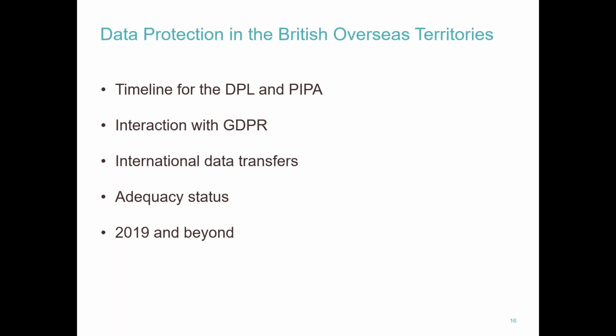Both laws also restrict international data transfers unless mechanisms, be they contractual mechanisms, binding corporate rules or similar, are put in place to ensure that the recipient processes any data it receives to a sufficiently high standard. As I said, the aim of both Cayman and Bermuda when they looked to implement these new laws was to achieve adequacy status in the eyes of the EU, and that remains the ultimate intention.